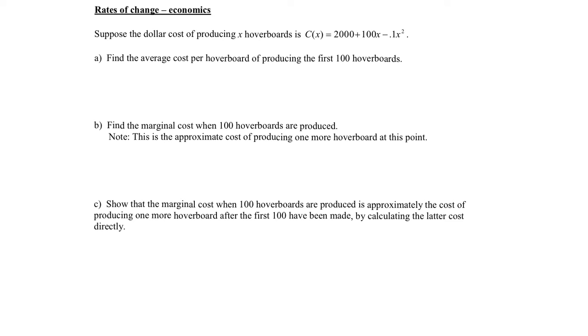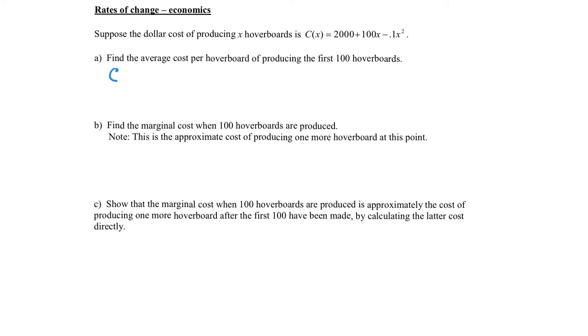Well, first, let's figure out what's the cost to produce these 100 hoverboards. So we can use our model up here. Remember, x is the number of hoverboards, so x is 100. So I'm going to plug in 100 here and here, and that will give us the cost of producing those first 100 hoverboards.